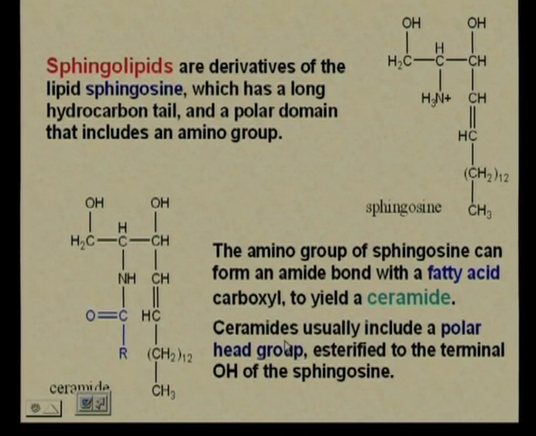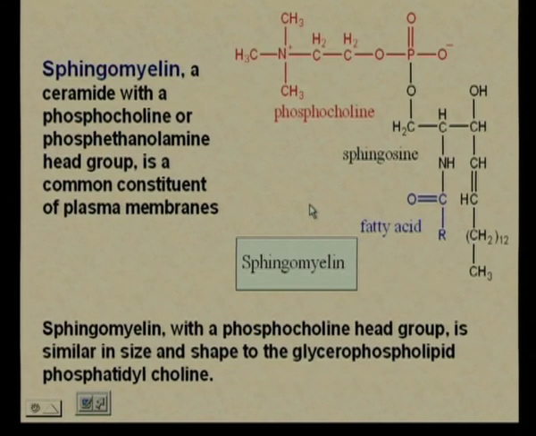So, we have ceramides, which usually include a polar head group esterified to the terminal OH of the sphingosine. Let's see what that is. Okay. So, what did we have? You recognize the basic structure of the sphingosine now? This is the basic structure of the sphingosine, the one in black.